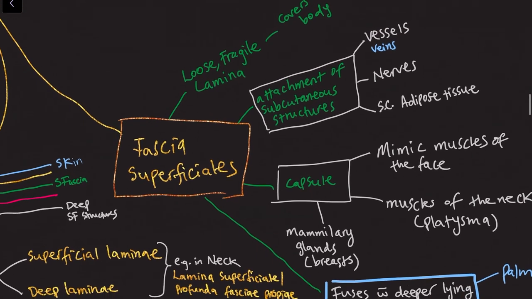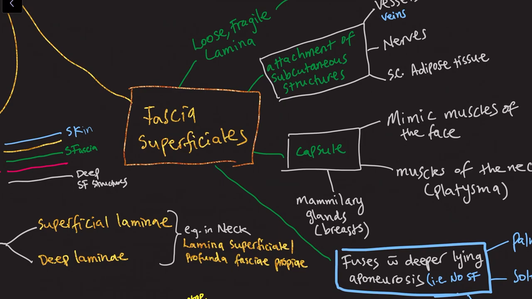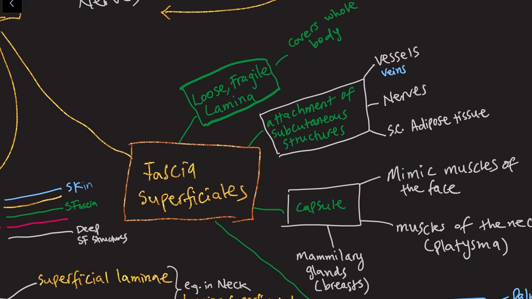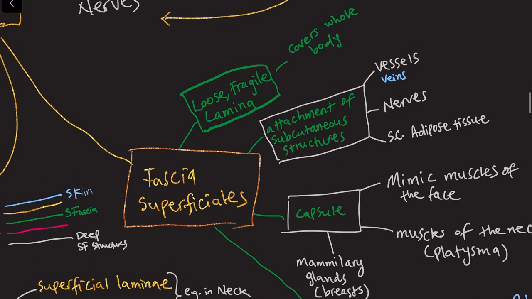So fascia superficialis is a loose, fragile lamina, and it comes directly after the subcutaneous tissue. And this fascia covers the entire body totally. All right. Now, what else?